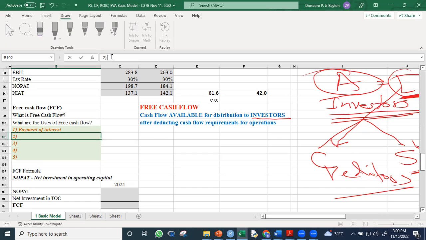Second is the payment of principal. What's principal? It's the amount owed by the company. So it's different from the interest. Okay. So if the company, for example, loans or issues a bond that's worth 10 million and the term is 5 years, at the end of 5 years, the company has to pay the principal.